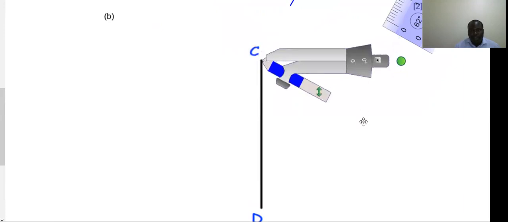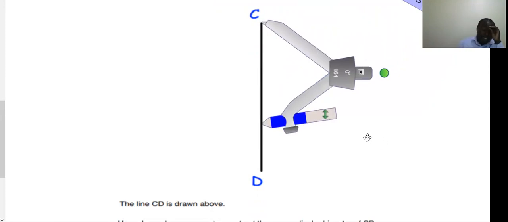I think this will be better. Then extend or open this pair of compass to at least beyond the middle of the line. Make sure that while extending, it should fit like that. Do you see what I'm doing?